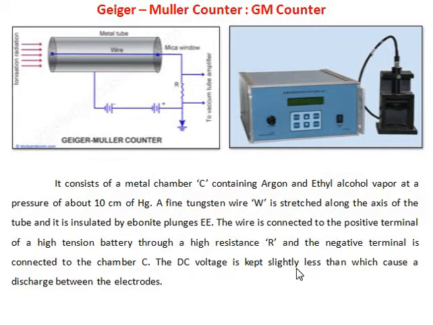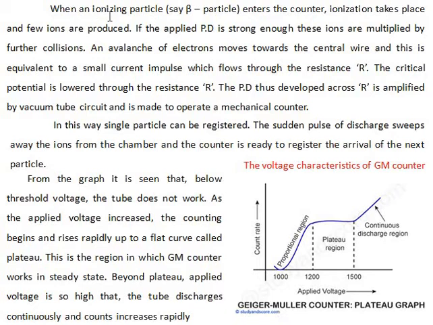The DC voltage is kept slightly less than the voltage which causes discharge between the electrodes. If you increase the voltage beyond the threshold voltage, the discharge of this gas takes place continuously. To avoid that, we keep it slightly less than the discharge voltage. Now when an ionizing particle, say a beta particle, enters the counter, ionization takes place and a few ions are produced.